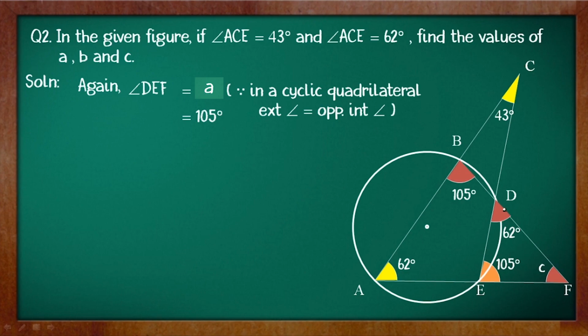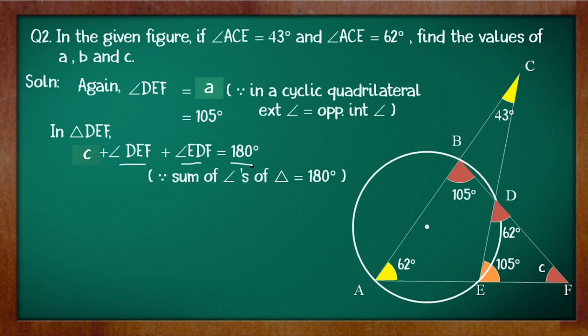Now in this small triangle DEF, the measurements of two angles are known. We need to find the measurement of the third angle, that is angle C. So angle C plus angle DEF plus angle EDF will be equal to 180 degrees. Why? Because the sum of the angles in a triangle is 180 degrees.